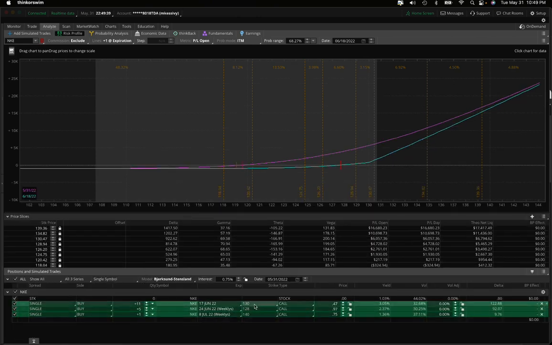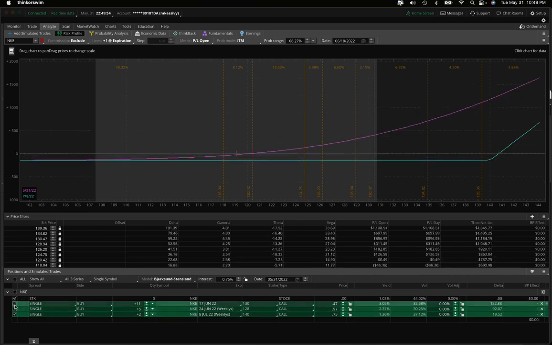So now you have the 130 call for June 17th, the 128 call for June 24th, the 140 call for July 8th. Now we get two of these, and let's just only look at that one. So we uncheck these two.